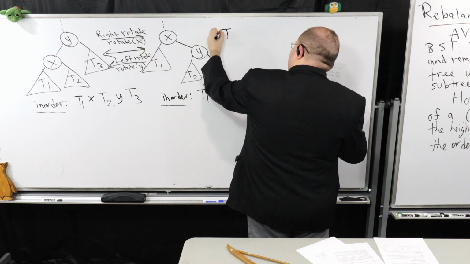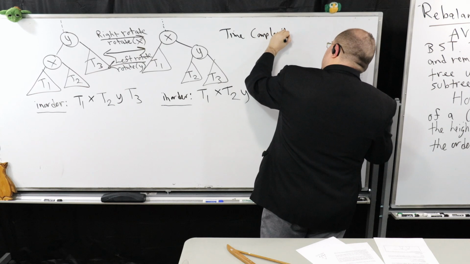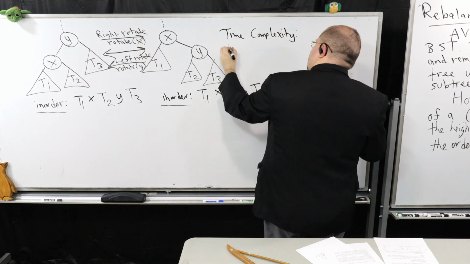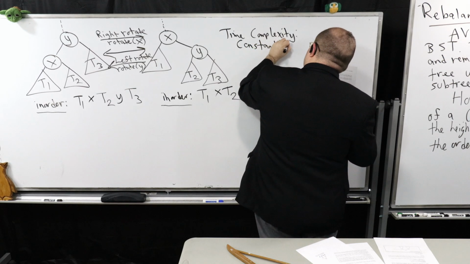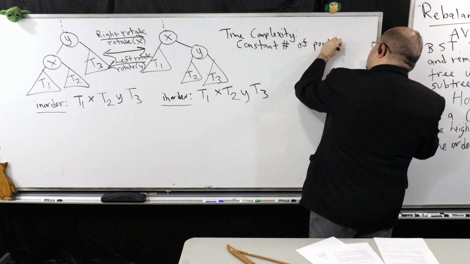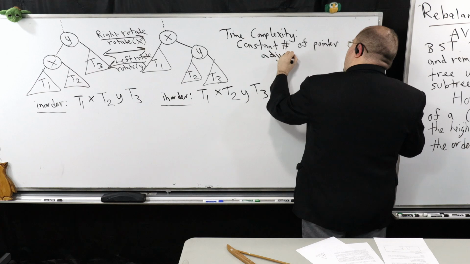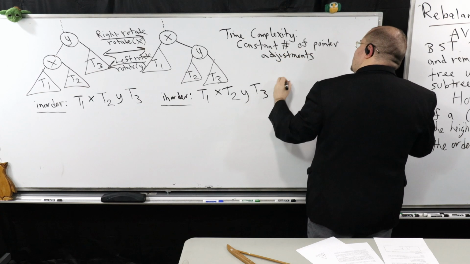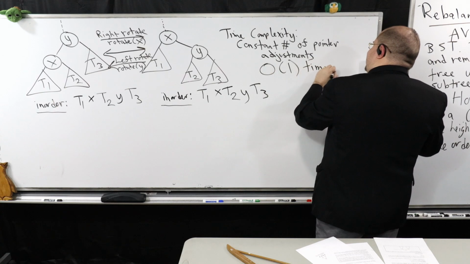So if you're looking at the time complexity of one of these operations, all it is is a constant number of pointer adjustments. You just update the left, right, and the parents appropriately, and this takes big O of 1 time. So it's constant time.